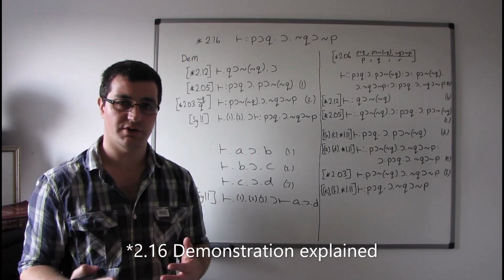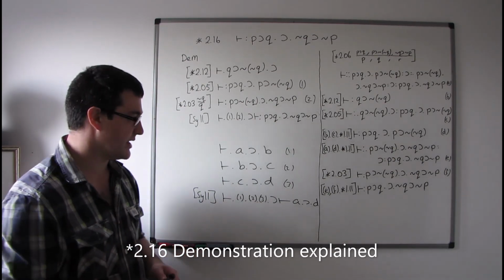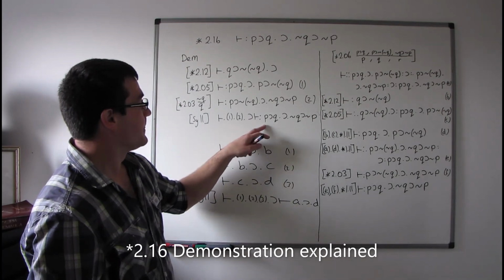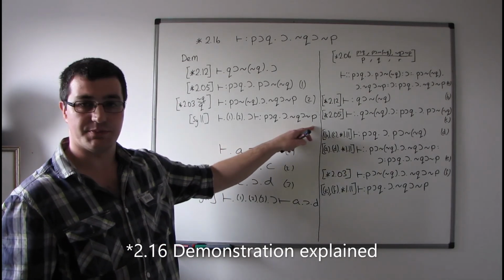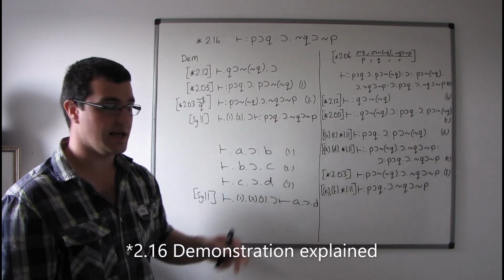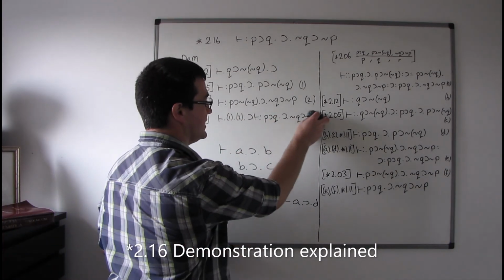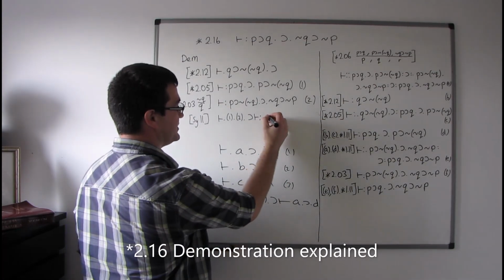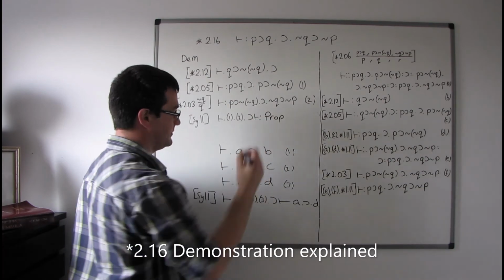Also, another little shortcut that we're going to see in Principia Mathematica is, rather than writing out the actual statement that we wanted to prove in full, because some of these statements are going to get quite lengthy, we're going to use a little abbreviation, which is simply the word prop.